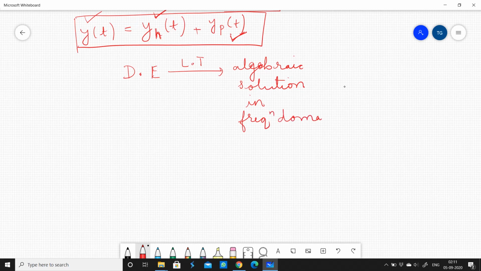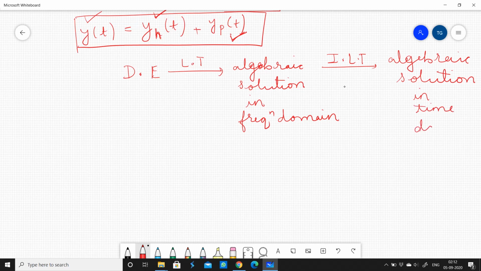Then we take the inverse Laplace transform and calculate the solution in the time domain. So this is how we find the solution for an LTI system, or the differential equation.